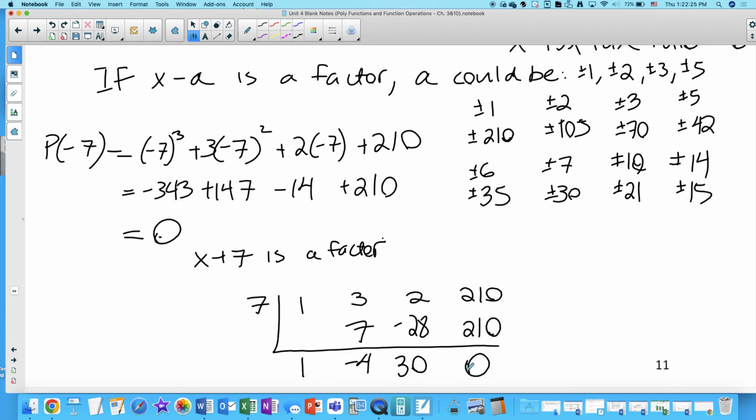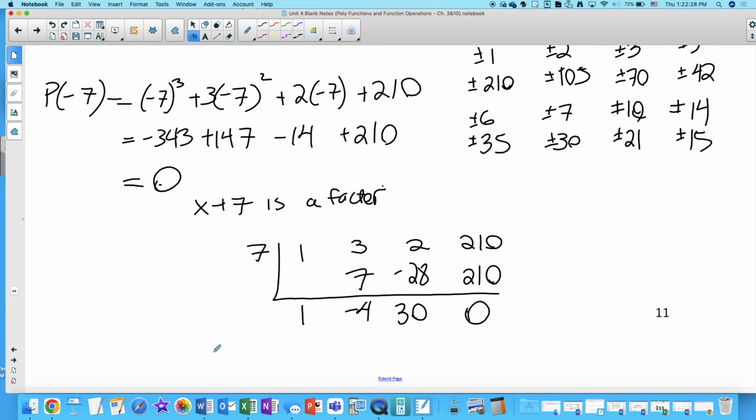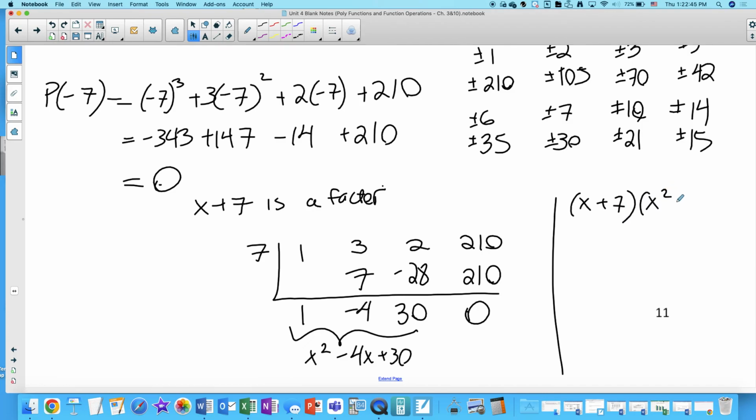Okay. So to factor this, this gives us the coefficients of the quotient, x squared minus 4x plus 30. So when we start to pick this apart, we're going to get x plus 7 times x squared minus 4x plus 30. Now the question is, can we break this down?